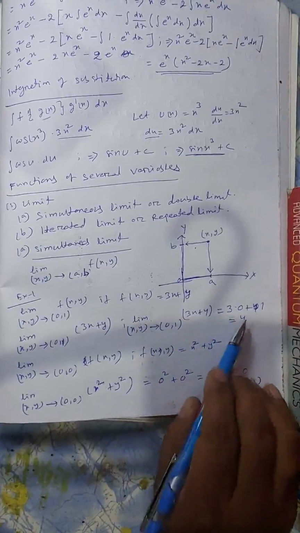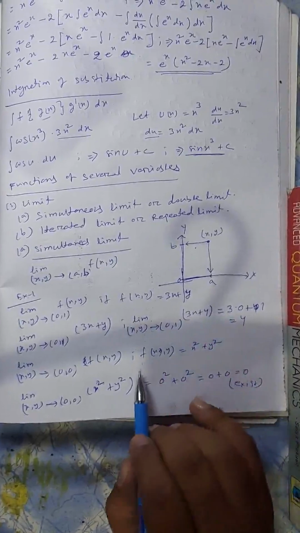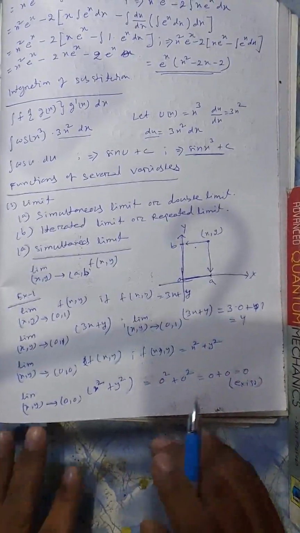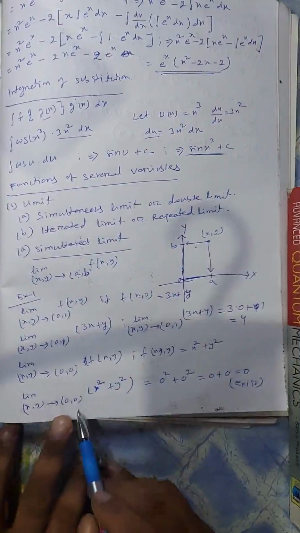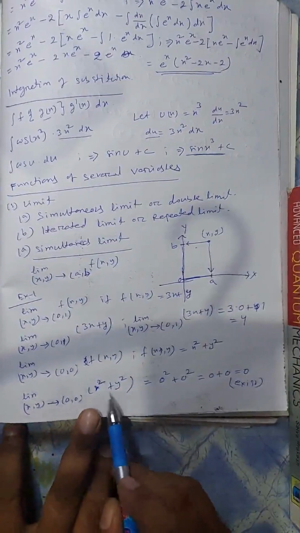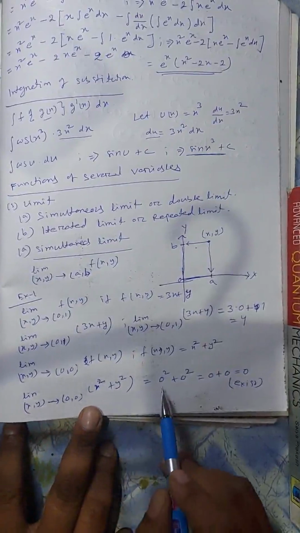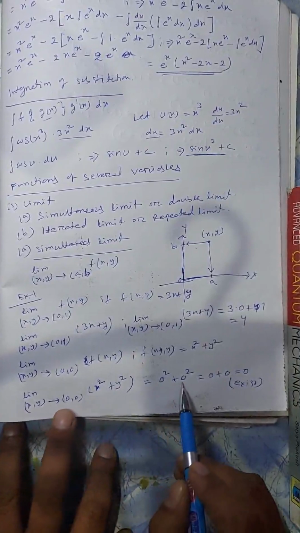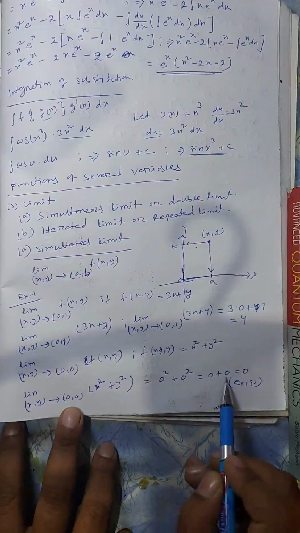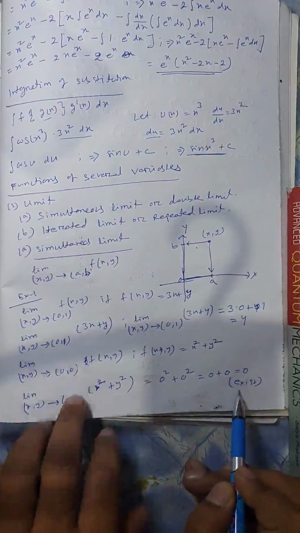So 3 plus 1 is equal to 4. Similarly, other examples are of such type. Suppose limit (x,y) tends to (0,0) of x square plus y square, x value 0, y value also 0. Then 0 plus 0 is equal to 0. So the limit exists.